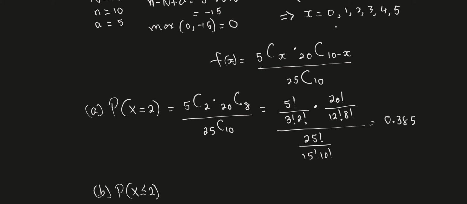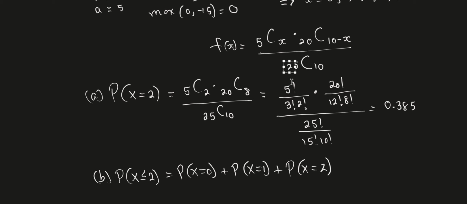We are going to have to add up the probabilities that x is equal to 0, or 1, or 2. If we did the complement, it would be 1 minus the probability that x is equal to 3 or 4 or 5. So it will be pretty much the exact same amount of work.